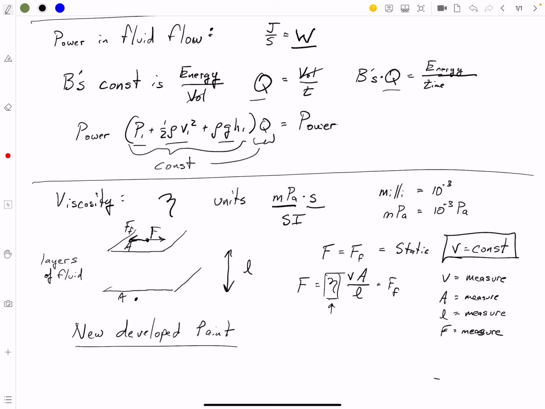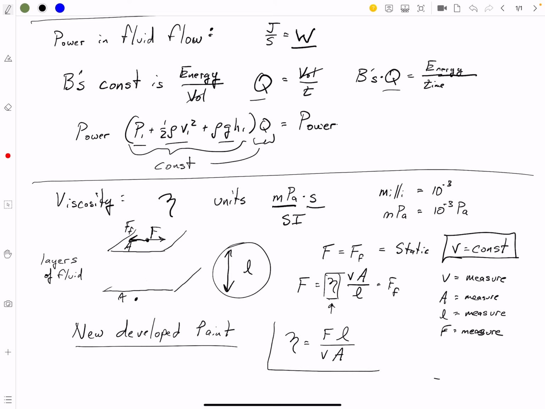So we've newly developed this paint. So then we say, oh, good, all right, well, I can rearrange that equation and say that eta is equal to F times the height of our fluid, or width of our fluid flow, and then we're going to divide out by our velocity and our area.